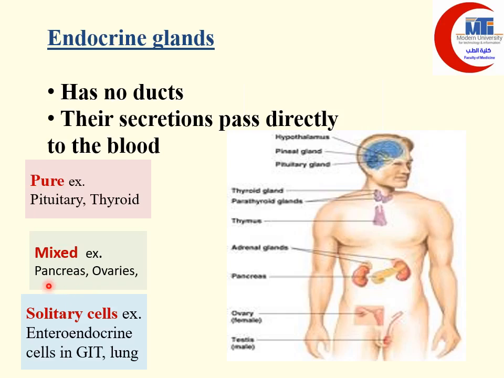So the pancreas contains endocrine and exocrine parts. Ovaries also contain an endocrine part that secretes hormones directly in the blood, and an exocrine part that secretes ova.